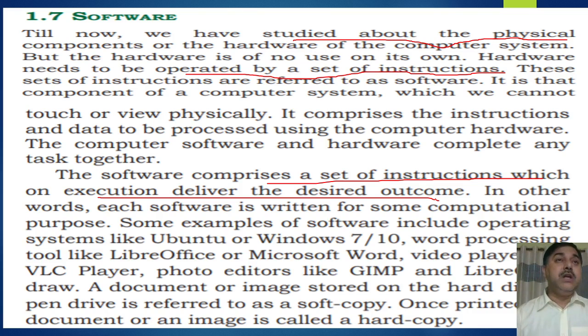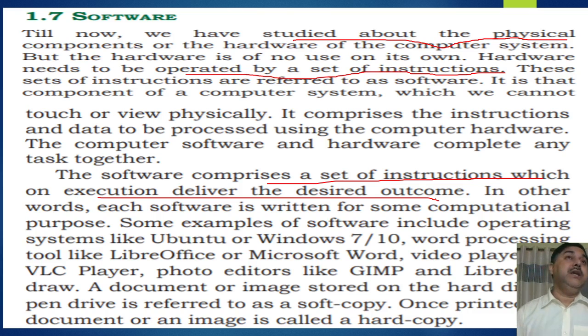As we are using different patterns of software, each of them helps us to do different types of work and gives us different types of output. Like if you want to print something, that is the hard copy that you are taking.